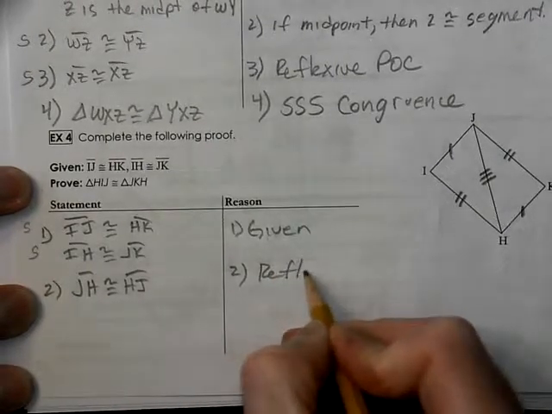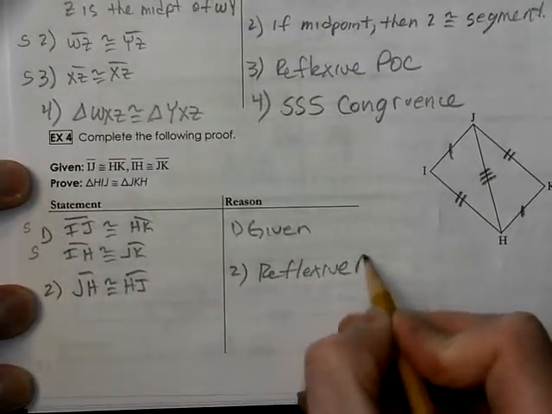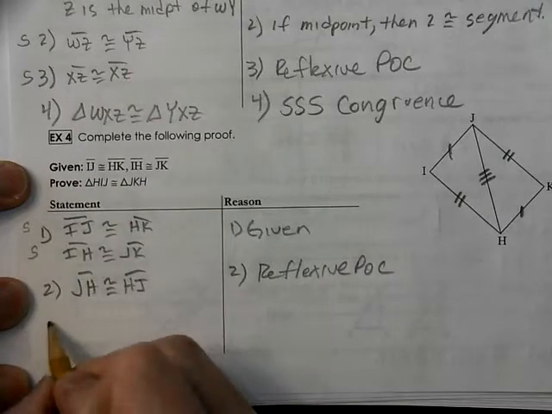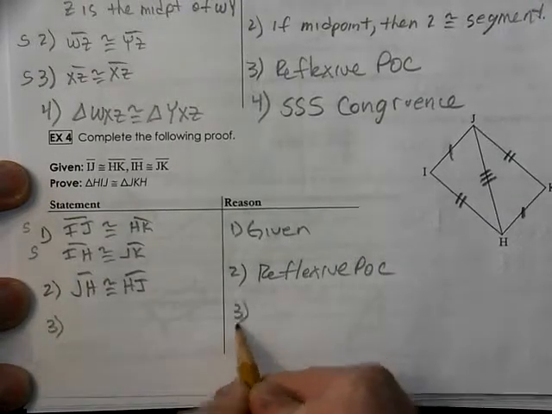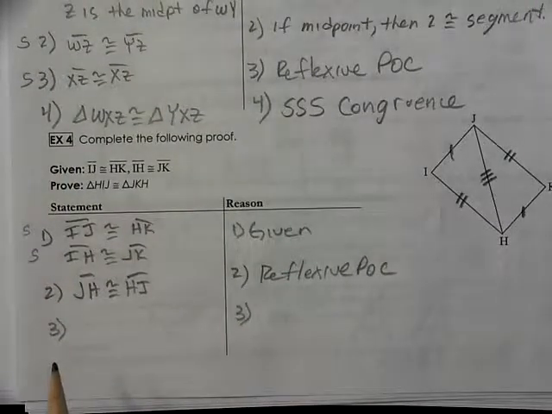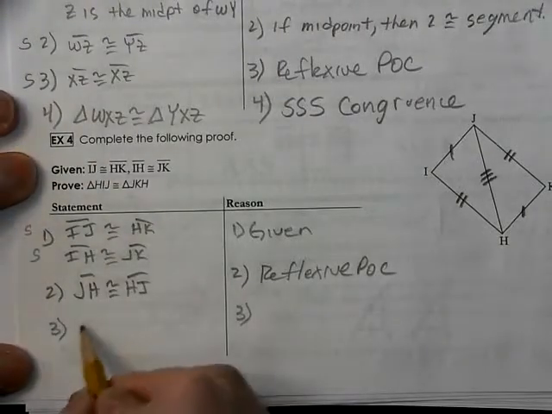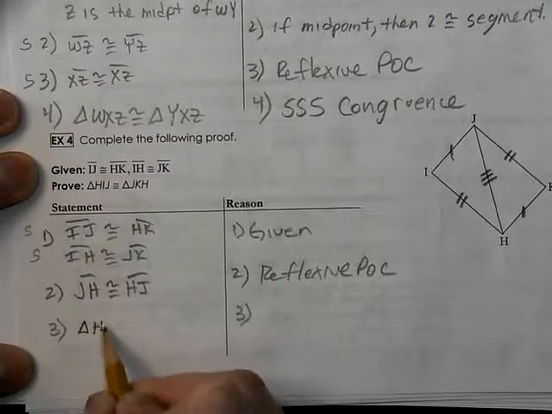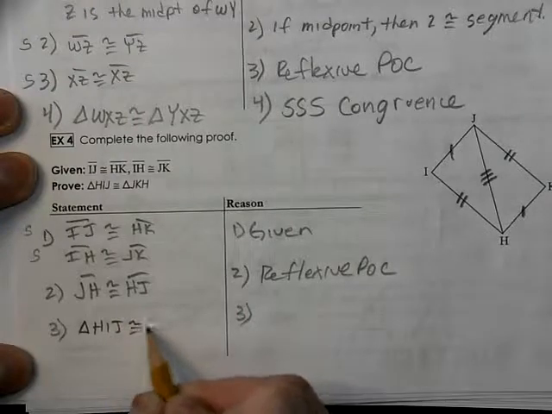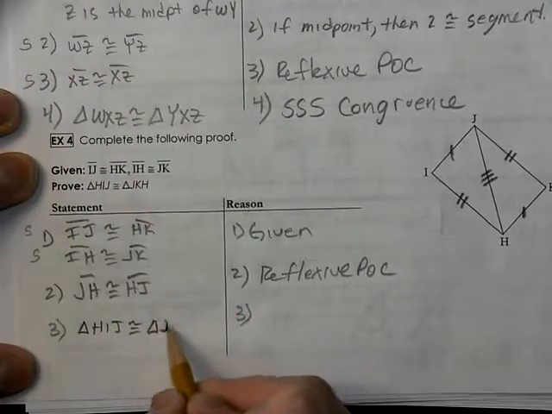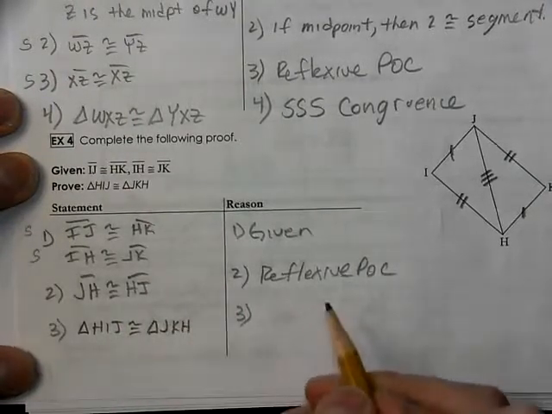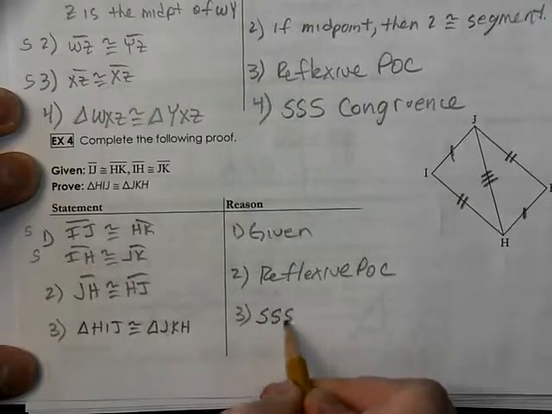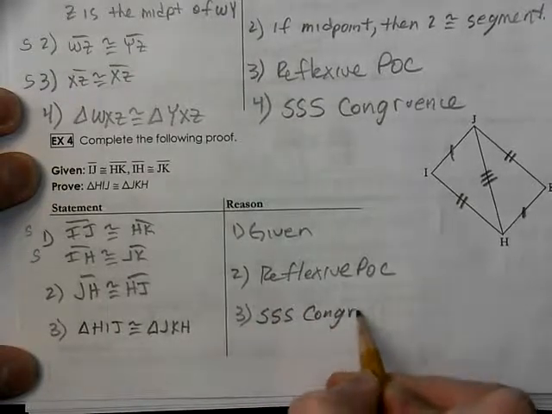That's the reflexive property of congruence. And that's going to leave us with our last statement of HIJ being congruent to JKH. Side, side, side congruence.